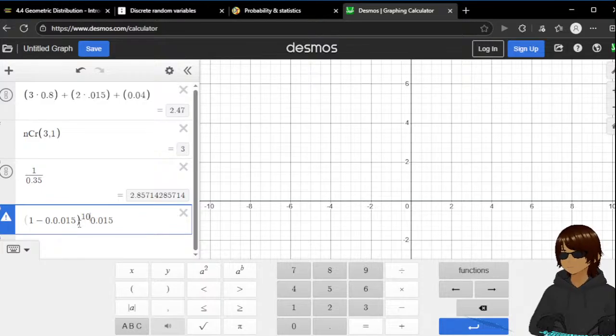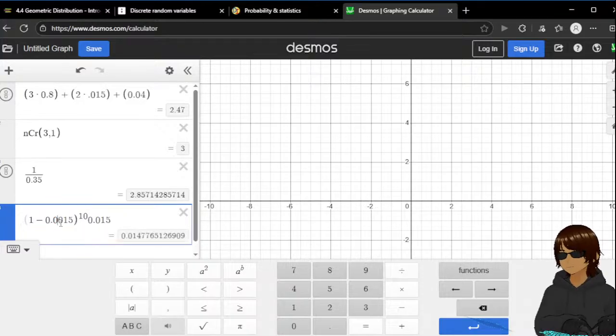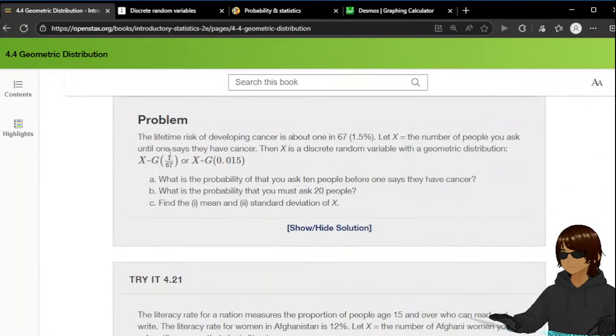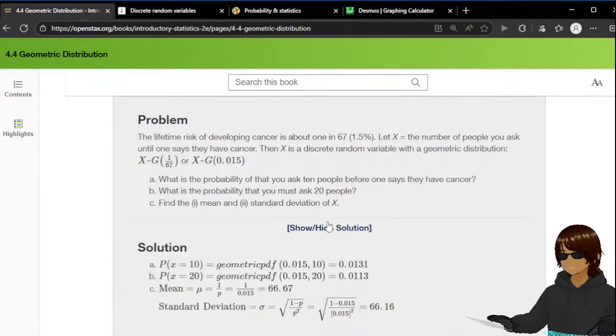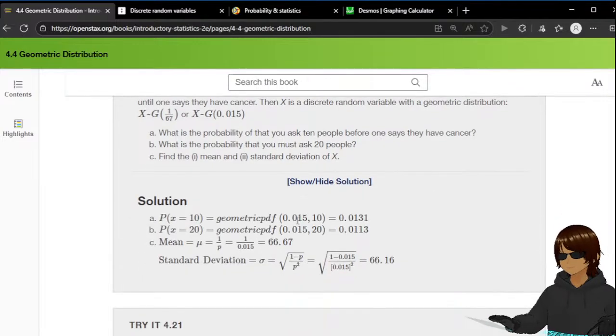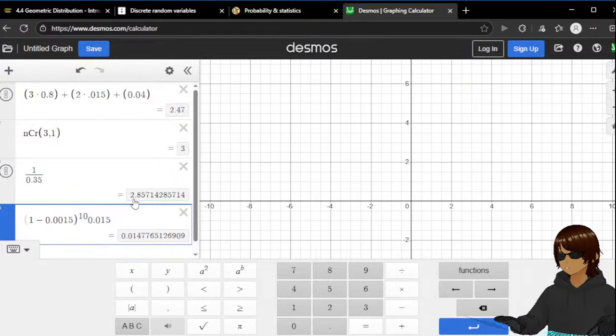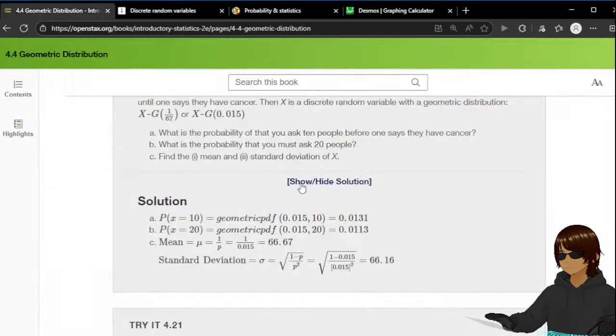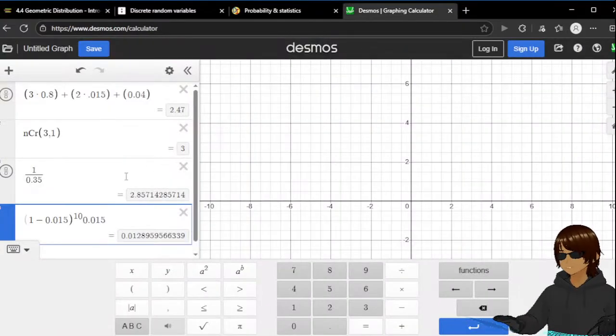And they said 10 people, right? Ask exactly 10 people. X is equal to 10, so 0... Oh no, 0.12, 0.131. How?